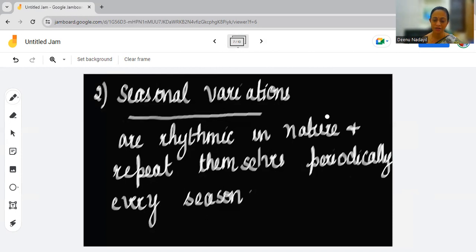For example, sales of notebooks increase during the months of June, July. And sales of ice creams increase in summer. Then increase in the price of gold and silver during marriage season. All those will come in seasonal variations. They are rhythmic in nature and repeat themselves periodically every season.